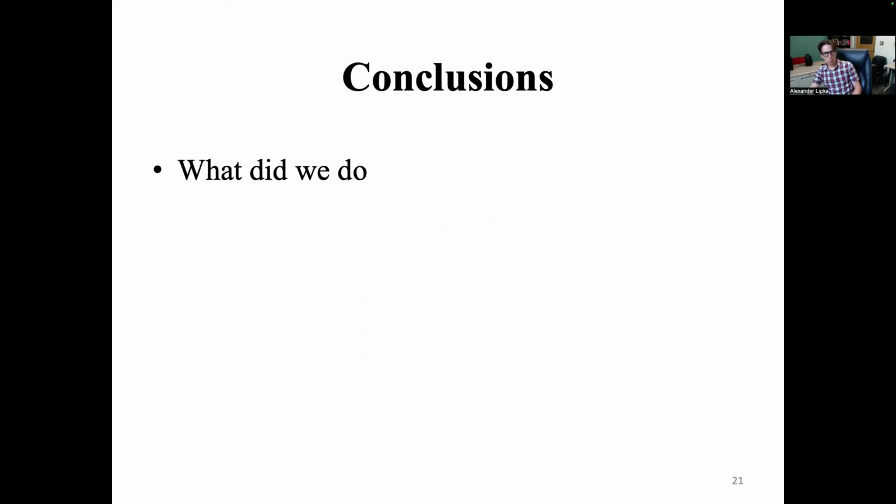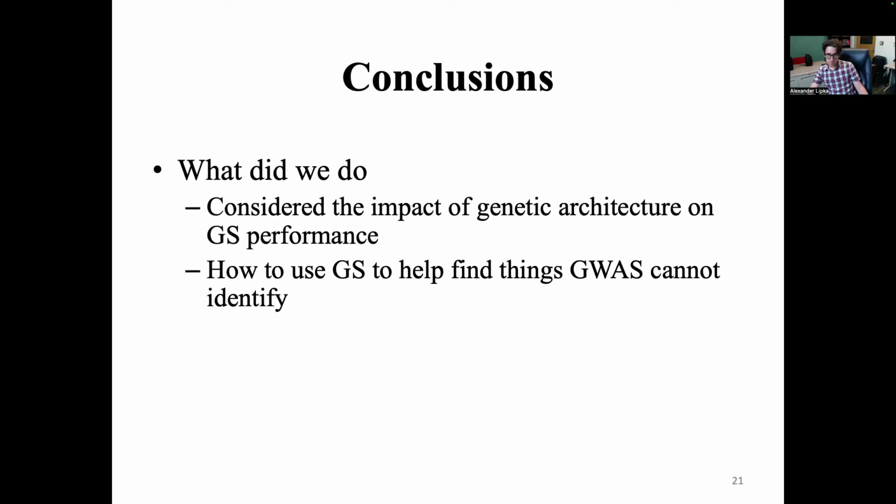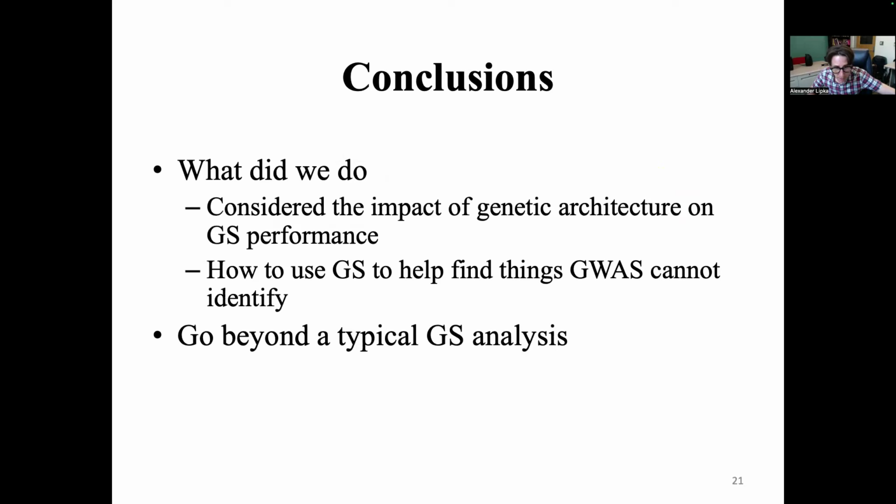Okay, so what did we do? We considered the impact of genetic architecture on the performance of genomic selection. I showed an approach on how to use GWAS to indirectly help us find marker-trait associations that GWAS cannot identify. And I think all of this is really cool because it goes beyond a typical genomic selection analysis.